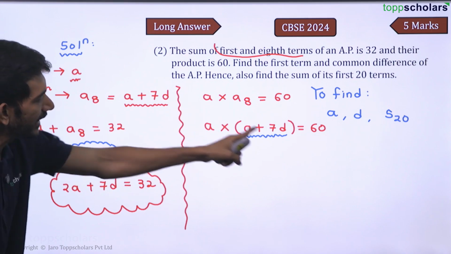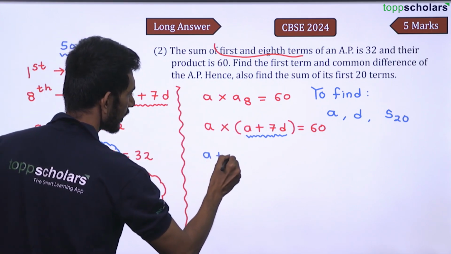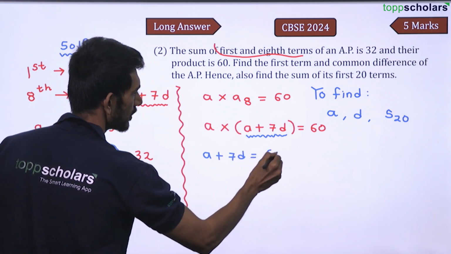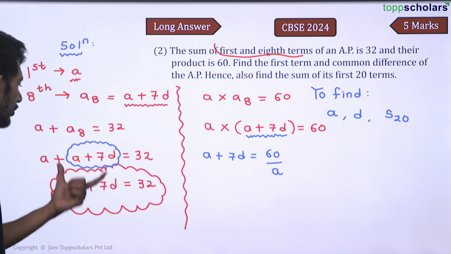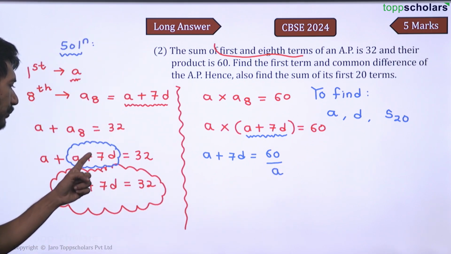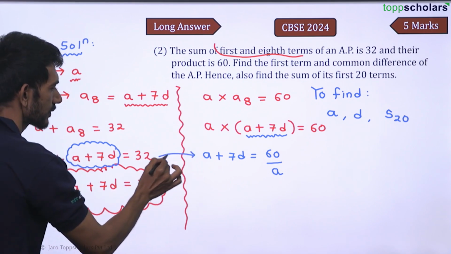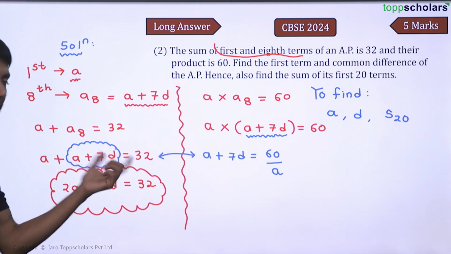So if I take A on the other side, can I say A plus 7D will be equal to 60 by A? So if I connect these two equations, I get A plus 60 by A is equal to 32.